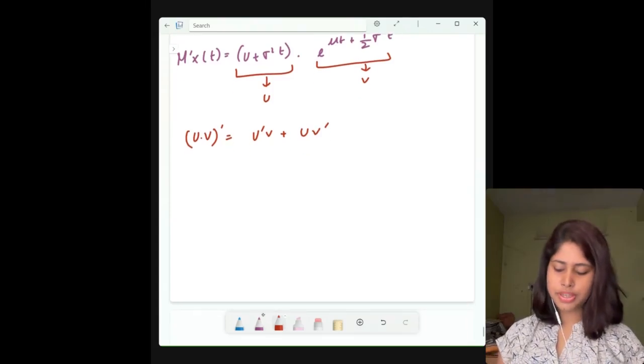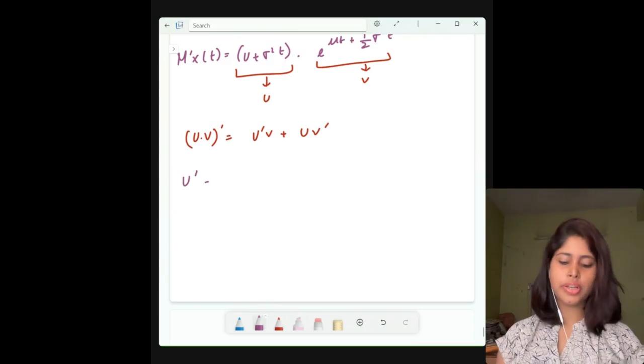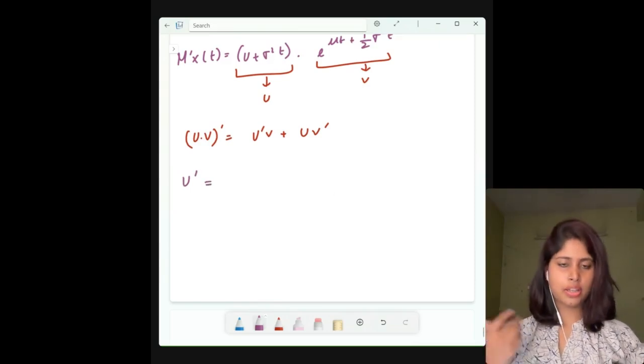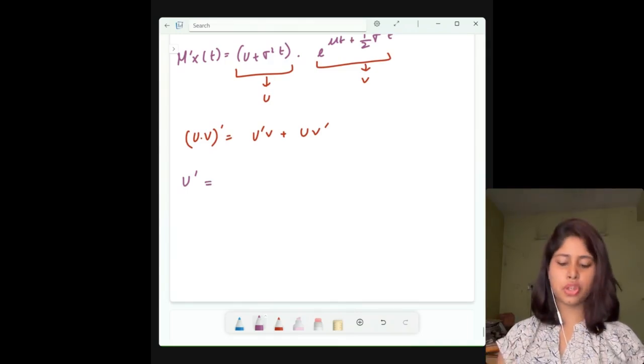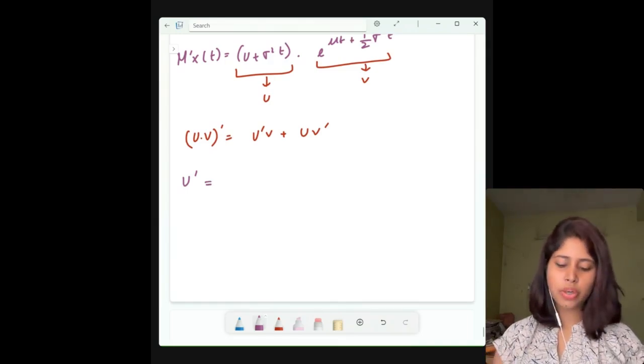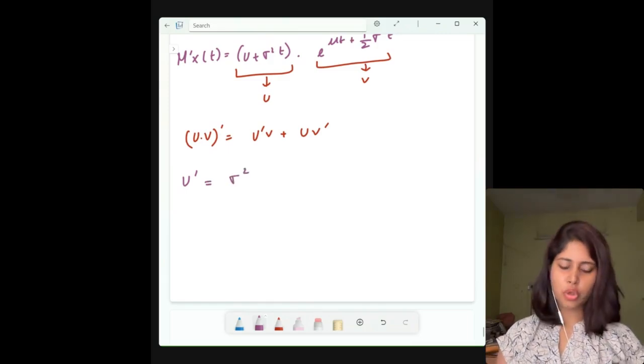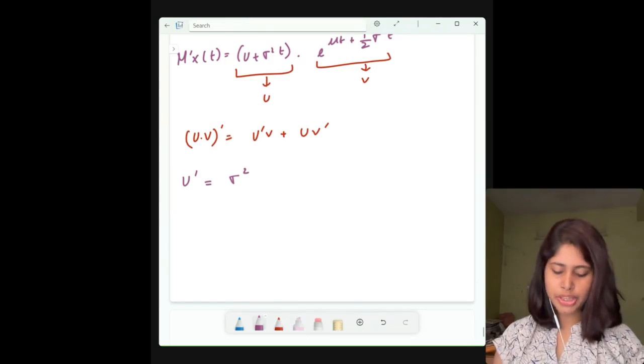First let me do the u dash. What is u dash? Here this is our u, right? And we are differentiating it with respect to t. So we are getting only sigma square, because mu is a constant, and here we are differentiating with t, so it will be sigma square. Now coming to the v dash.